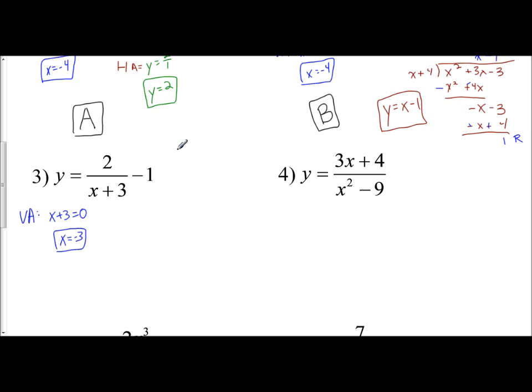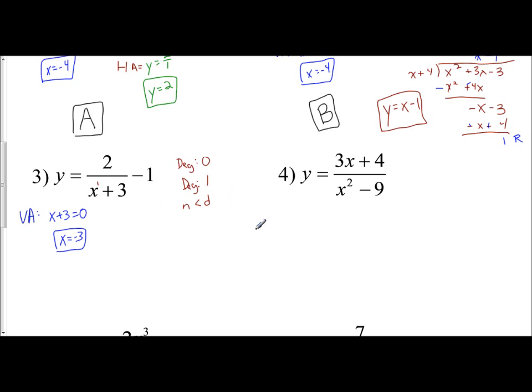Now the horizontal asymptote here, and I know it has a horizontal because of the degrees. The degree in the top is 0. The degree in the bottom is 1. So therefore, the degree in the numerator is less than the degree in the denominator. So what that tells us is y equals 0.